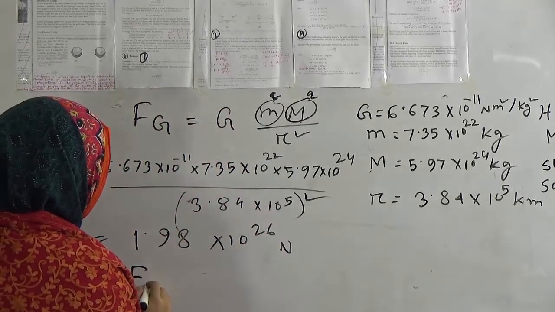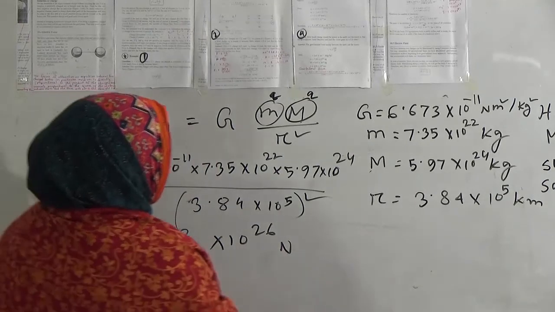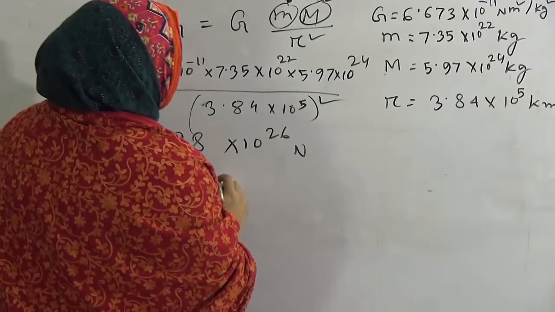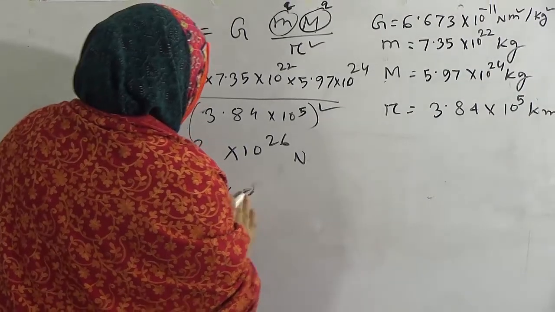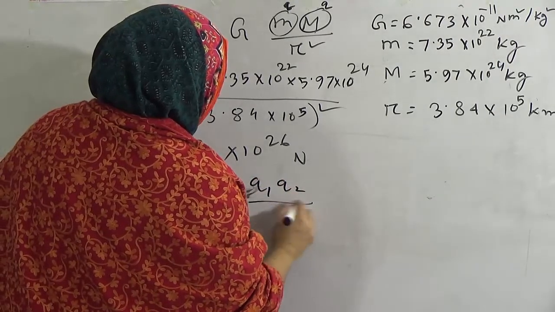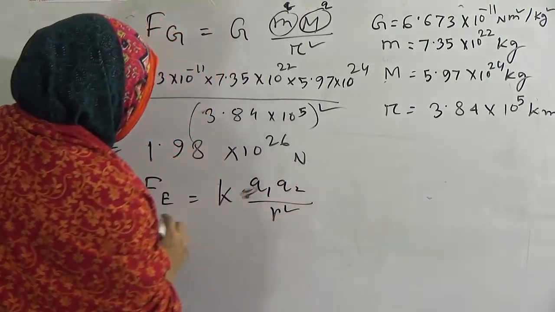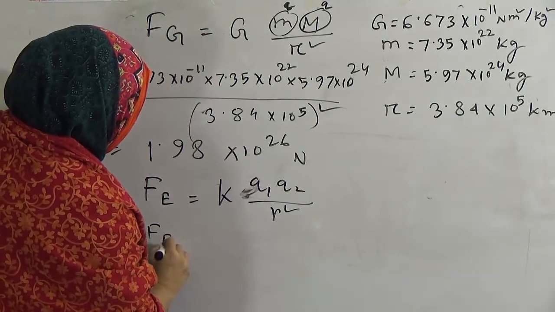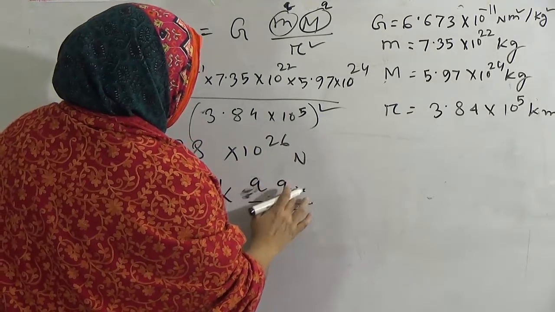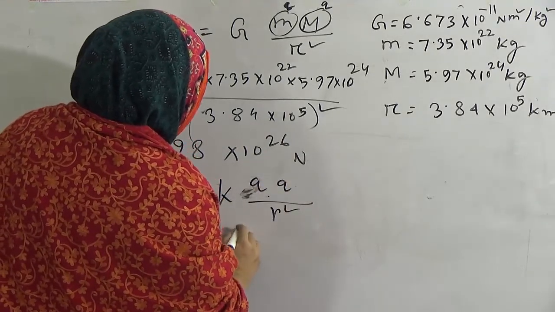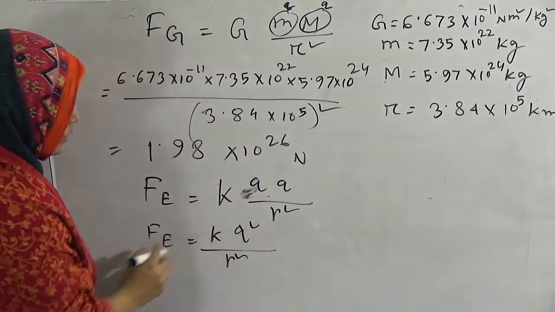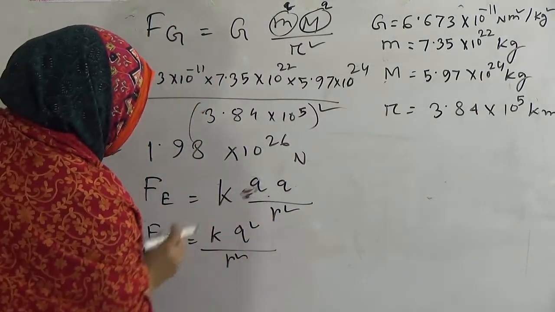From Coulomb's law, Fe equals K Q1 Q2 divided by R square. Since the charge is the same, Q and Q, it will be Fe equals K Q square divided by R square.